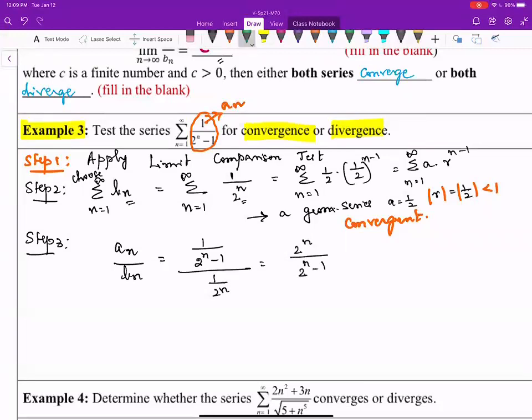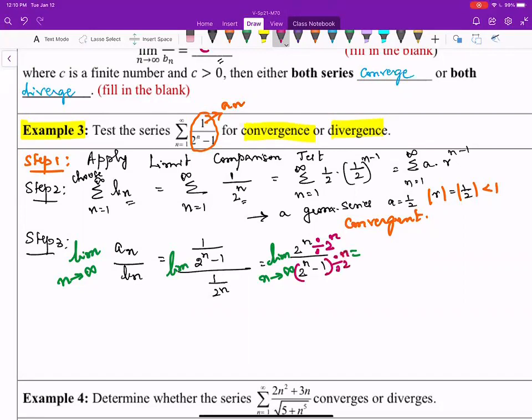Now we apply the limit as n approaching infinity. If I apply the limit right away, it is infinity over infinity type, which doesn't help. So what we are going to do, the usual trick, divide the numerator and the denominator by the highest exponent of the denominator.